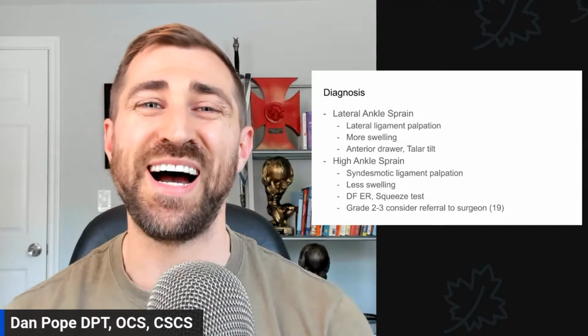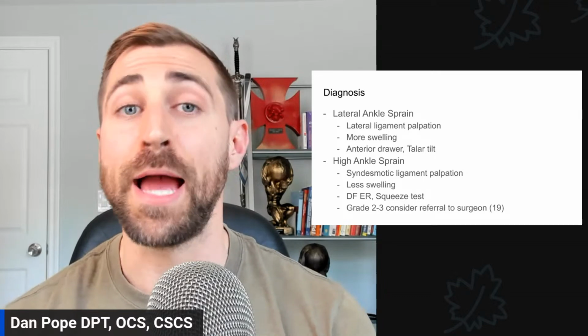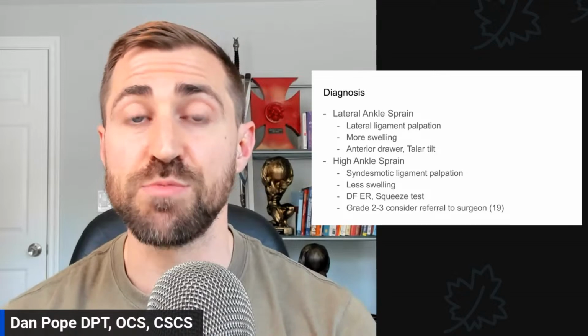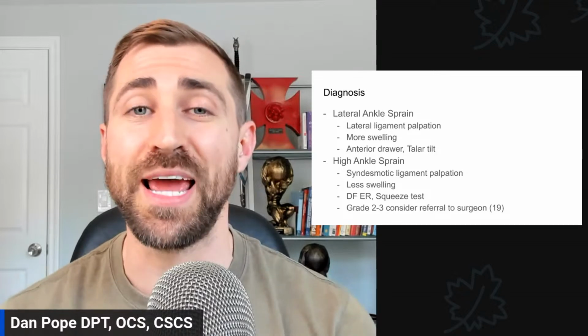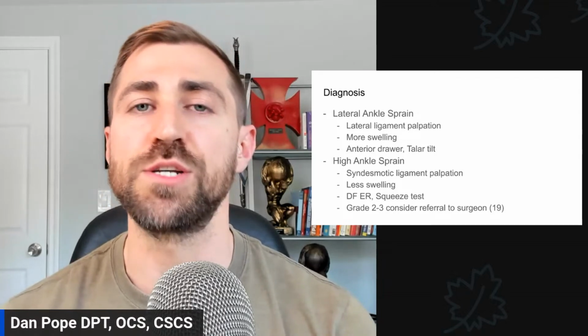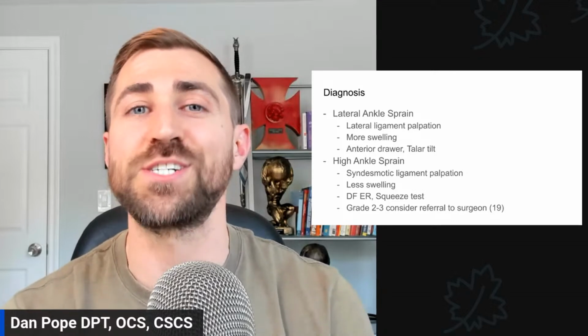The other piece is that in a high ankle sprain, you usually have a mechanism of injury of external rotation, right? So when you're doing your assessment with someone you suspect has an ankle sprain injury, if you invert the ankle and that produces a lot of pain, you might start thinking lateral ankle sprain, versus dorsiflexion and externally rotating.